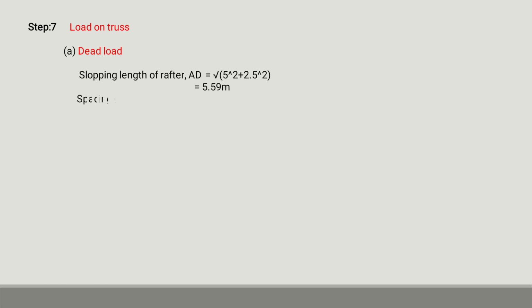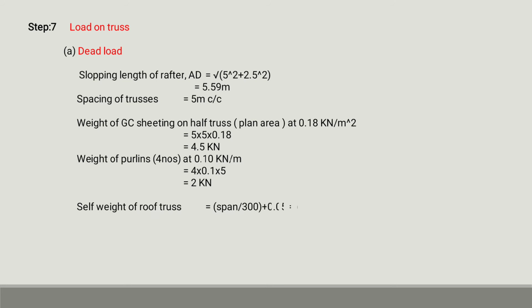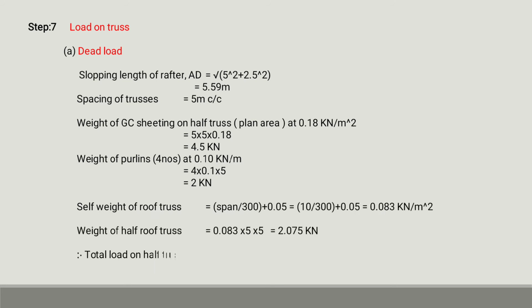Dead load. The sloping length of the rafter is equal to root of 5 square plus 2.5 square, which is 5.59 meter. The spacing of the truss is 5 meter. The weight of the GC sheet, as per plan for half truss, is 0.18 into 5.59 into 5, which is 4.5 kilonewton.